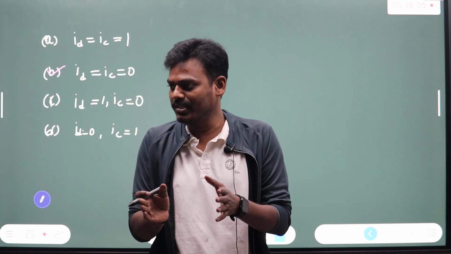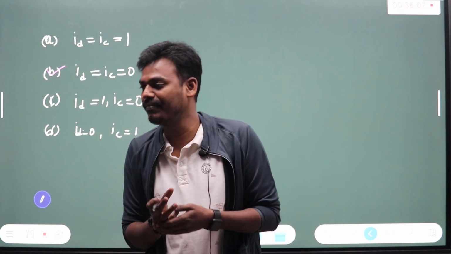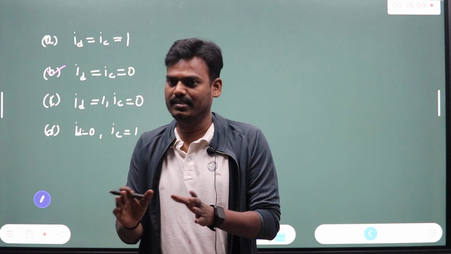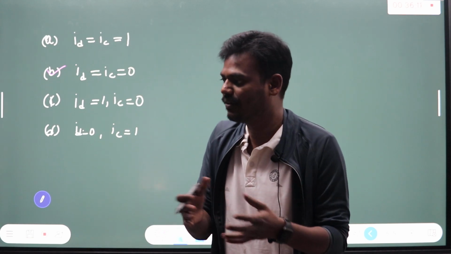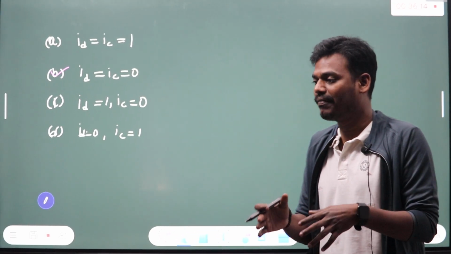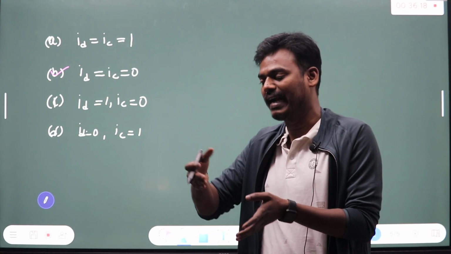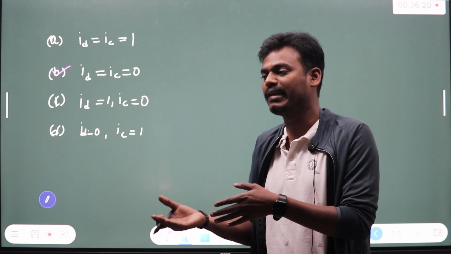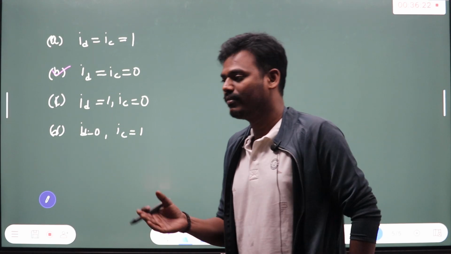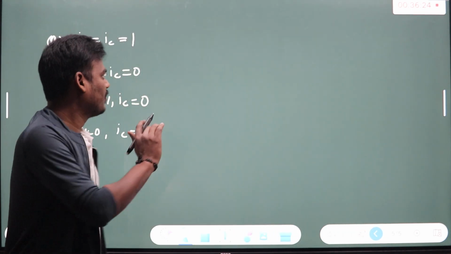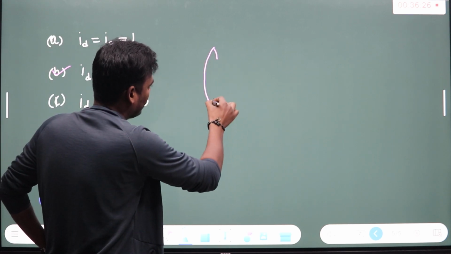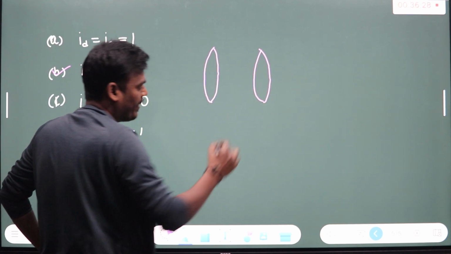When it is fully charged, what happens to the electric field? Rate of change of electric flux. Yes, rate of change of electric flux will be 0. Field will be there, sir. Rate of change of electric flux will be 0. These are the plates.